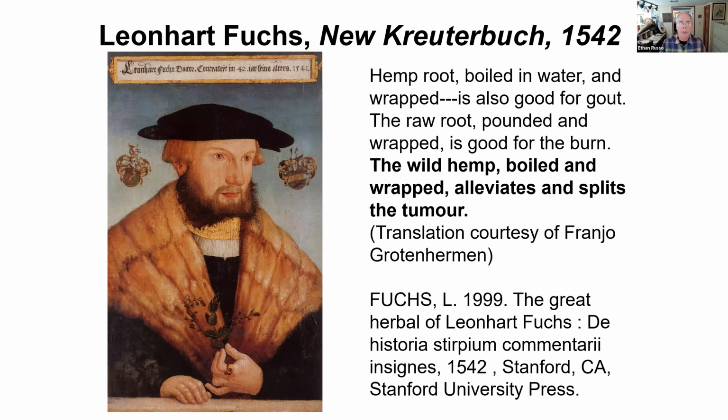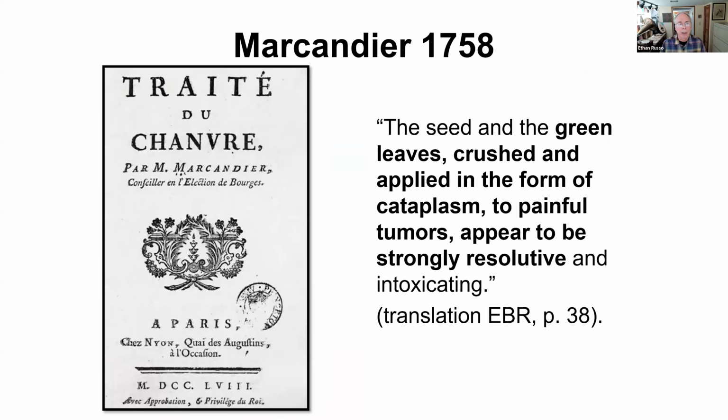Subsequently, Leonhard Fuchs, who may have been the first to use the Latin binomial Cannabis sativa, talked about hemp root boiled in water and wrapped is also good for gout. The raw root pounded and wrapped is good for the burn. The wild hemp boiled and wrapped alleviates and splits the tumor. This is a popular belief in the Renaissance era throughout Europe.